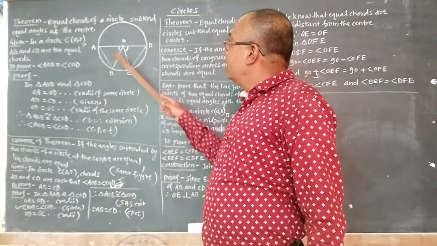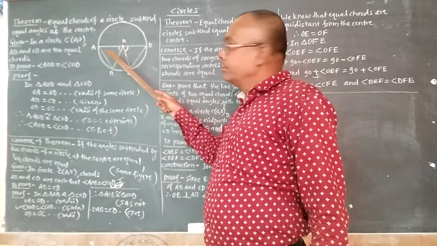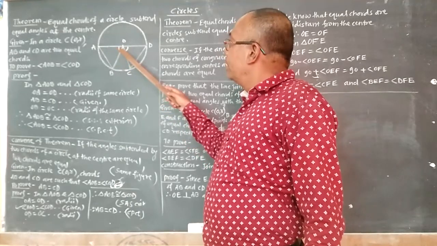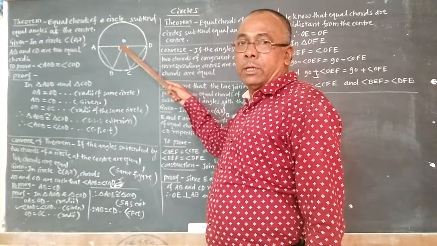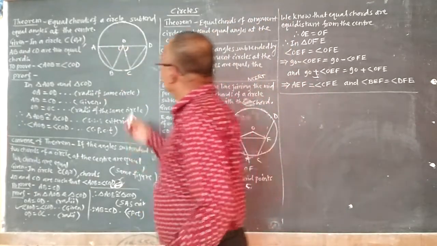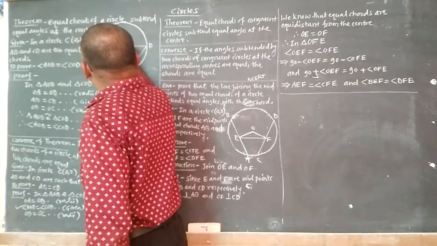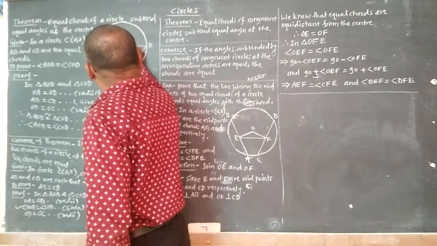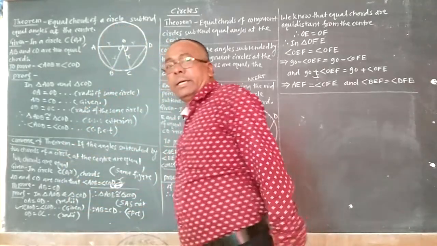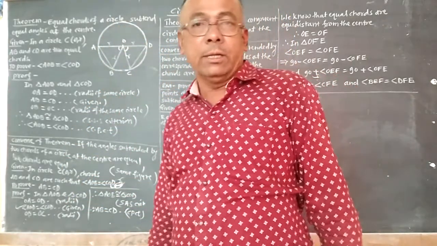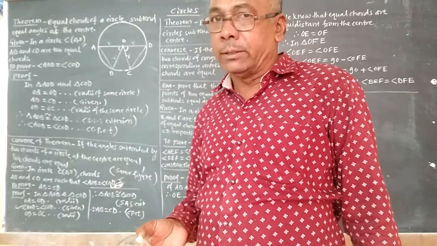Here in the figure it is shown that O is the center of the circle having radius r. Let OA, OD, OB and OC, these are the radii of the same circle, so they must be equal in length.